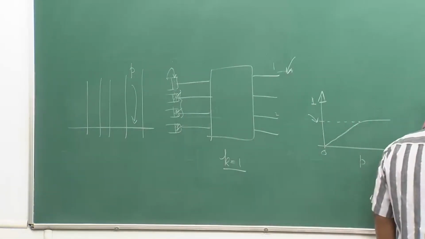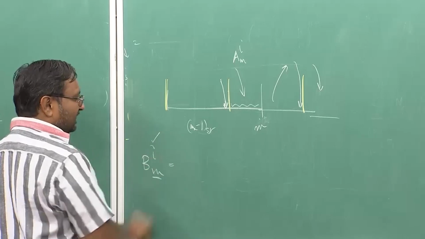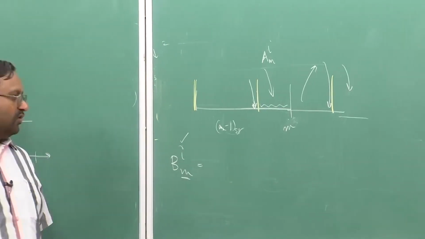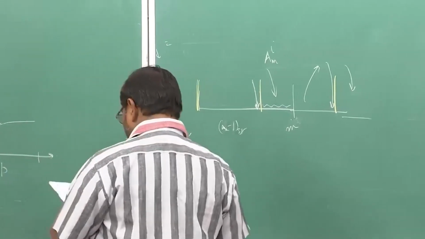This is the end of the mth slot. How many packets are still pending at the head of the queue for port number i, that is what it means.